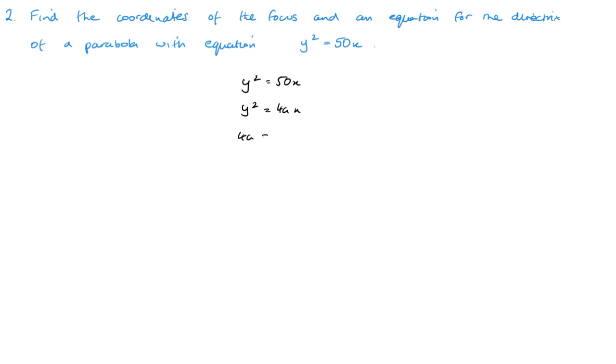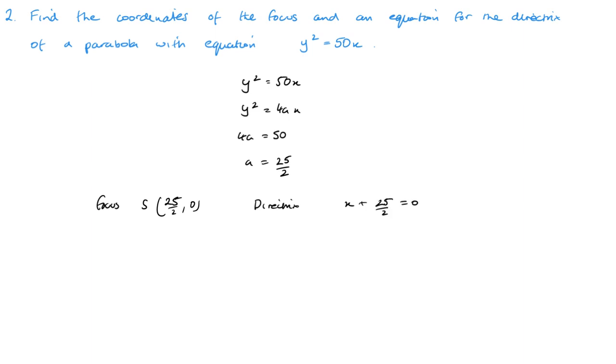So 4a equals 50, a equals 12.5 or 25 over 2. So the coordinates are (25 over 2, 0) for S, the focus, and the directrix is x plus 25 over 2 equals 0.